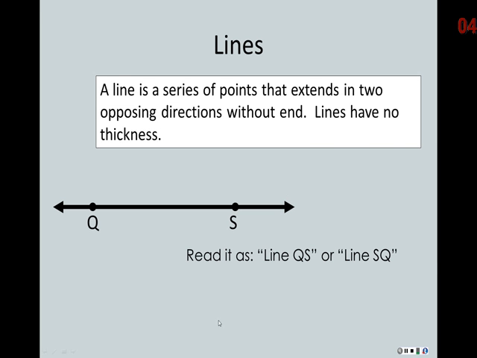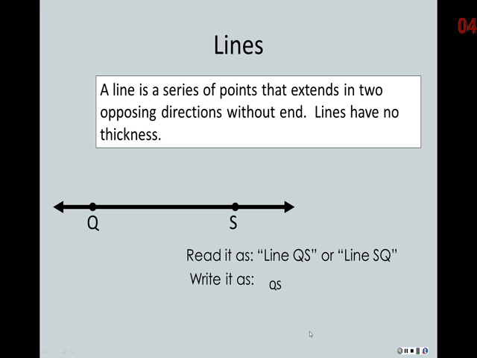I can say, this is the line QS, Q to S, or this is the line SQ, S to Q, because it goes on infinitely on both sides. So the line QS or the line SQ.